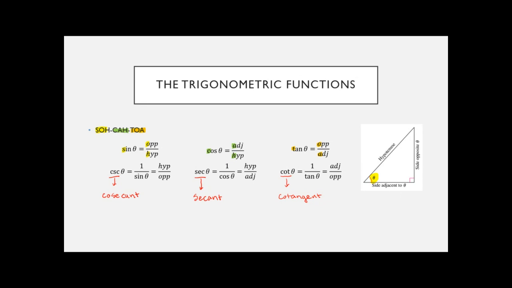Instead, they made them totally unrelated, and then the reciprocals use the word secant. So I'm not sure the history behind that. It's not intuitive. It makes it a little harder to learn, so I focus on the co to help me remember whether cosecant or secant goes with sine and cosine, because those are the 2 that are easy to get confused. But if you remember SOHCAHTOA, that can help you determine the ratio.